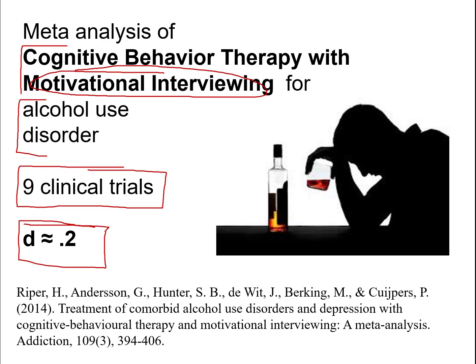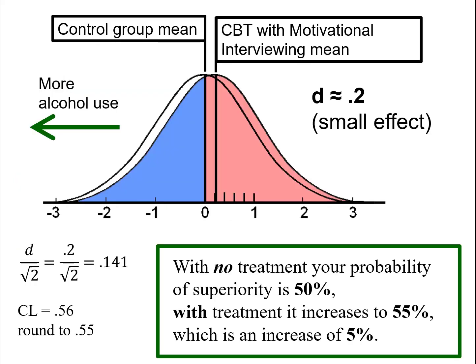So what does a d-statistic of 0.2 look like? Here is my picture illustrating a d-statistic of 0.2, illustrating the effectiveness of motivational interviewing as a treatment for alcohol use disorder. We have a control group that received no treatment and a treatment group that received motivational interviewing. Our outcome variable is levels of alcohol use, how much the person is drinking.